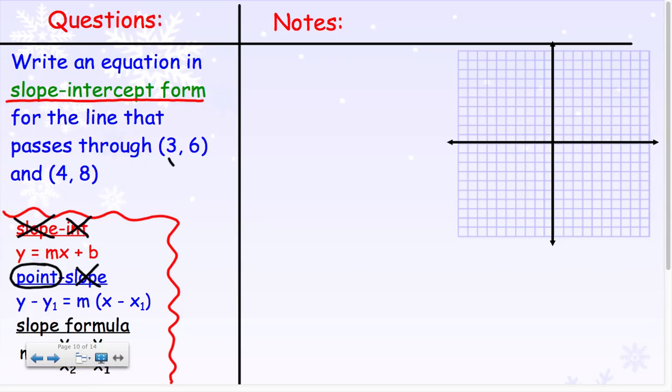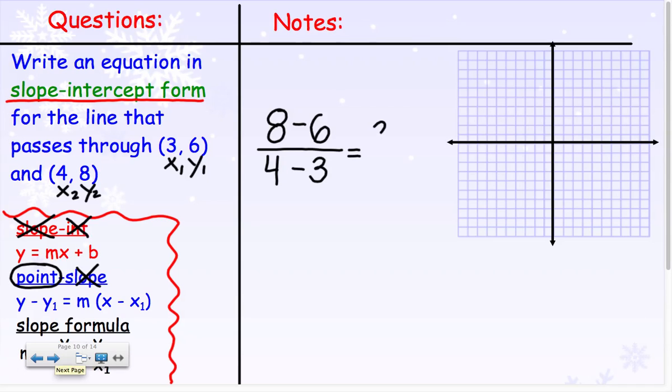So I'm going to label these x1, y1, x2, y2. So y2 is 8 minus y1, which is 6, divided by x2, which is 4, minus x1, which is 3. 8 minus 6 is 2, 4 minus 3 is 1, 2 over 1 is 2. This is my slope.